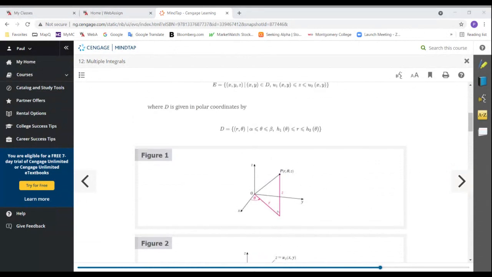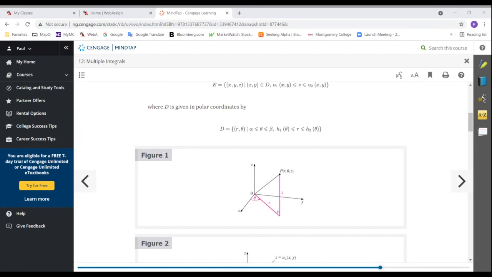Okay, cylindrical coordinates. Of course, you know how to plot a cylindrical coordinate in three-dimensional space. Cylindrical coordinates consist of r, which is a radius, theta, which is measured from the positive x-axis, and then z.